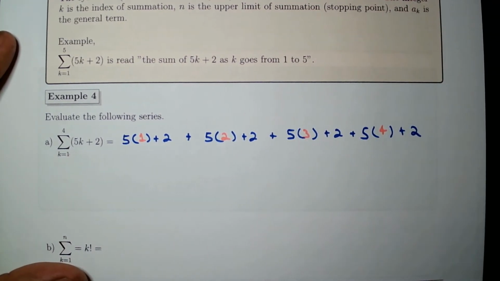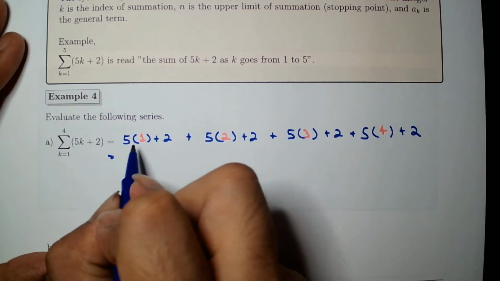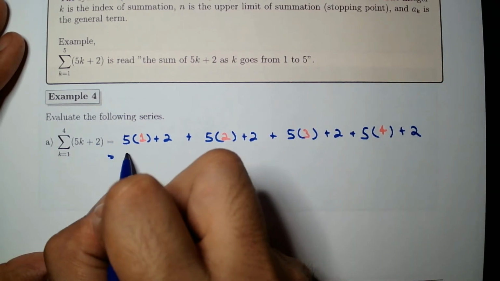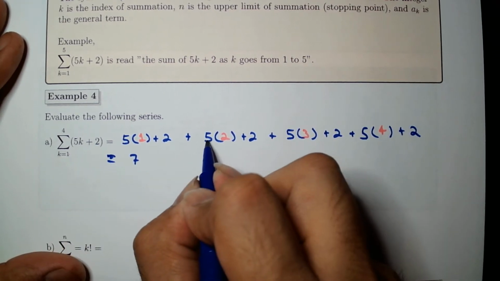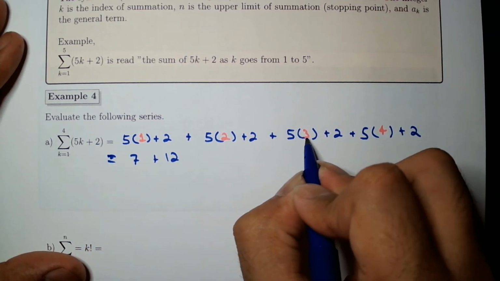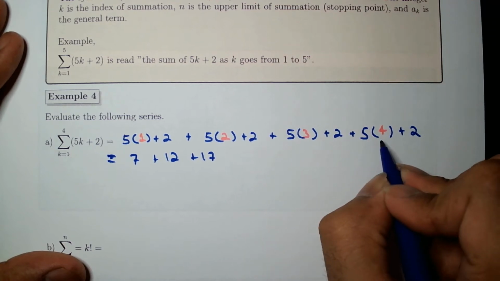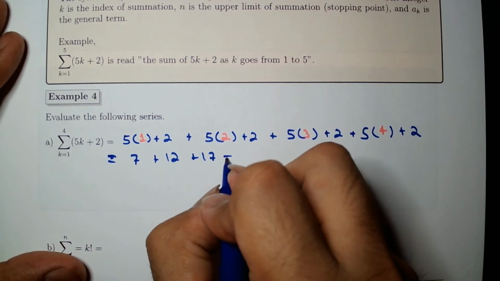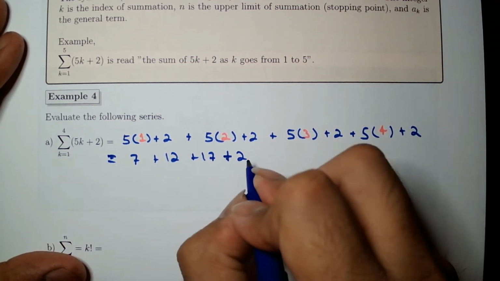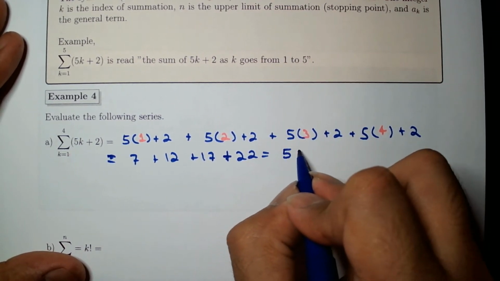And all we do here is simplify this sum. 5 plus 2 is 7. 5 times 2 is 10 plus 2, that's 12. 5 times 3 is 15 plus 2, that's 17. And 5 times 4 is 20 plus 2, equals 22. And if we combine these numbers together, we should get 58.